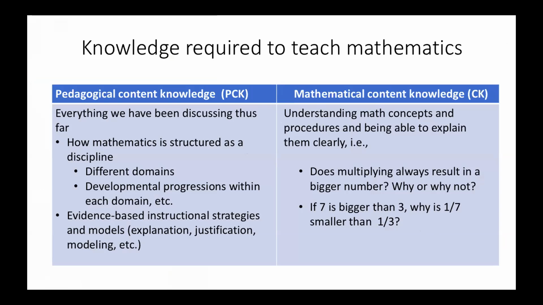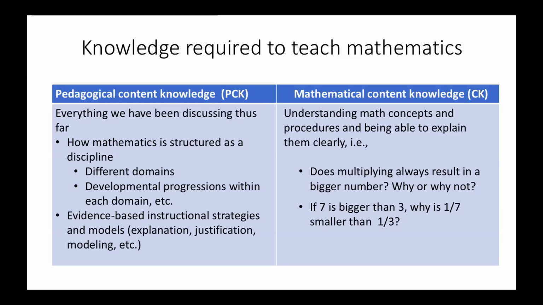They need pedagogical content knowledge, which is what we've been talking about so far: how mathematics is structured as a discipline, what the developmental progressions are, what the evidence-based instructional strategies are, and why they are important. But they also need what we call mathematical content knowledge, which is understanding math concepts and procedures and being able to explain them clearly.